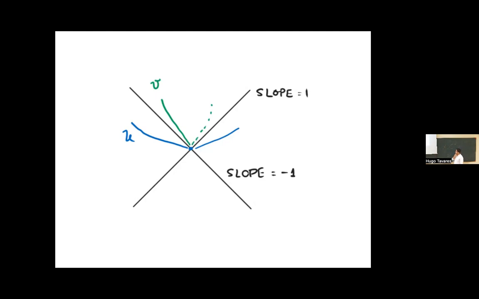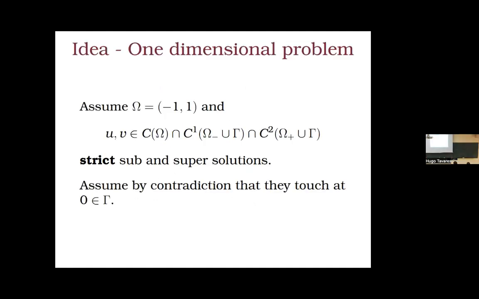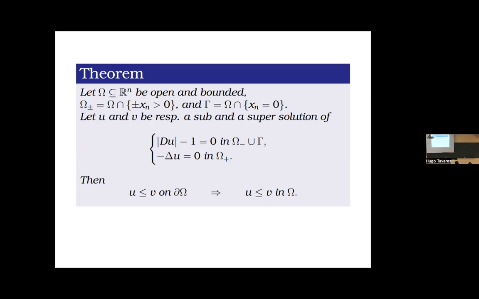Now let's see what happens to the right. U has to be again between slope 1 and slope -1. Here what I'm using is a strong equation: in this statement, I'm using that the eikonal equation goes all the way up to the interface.